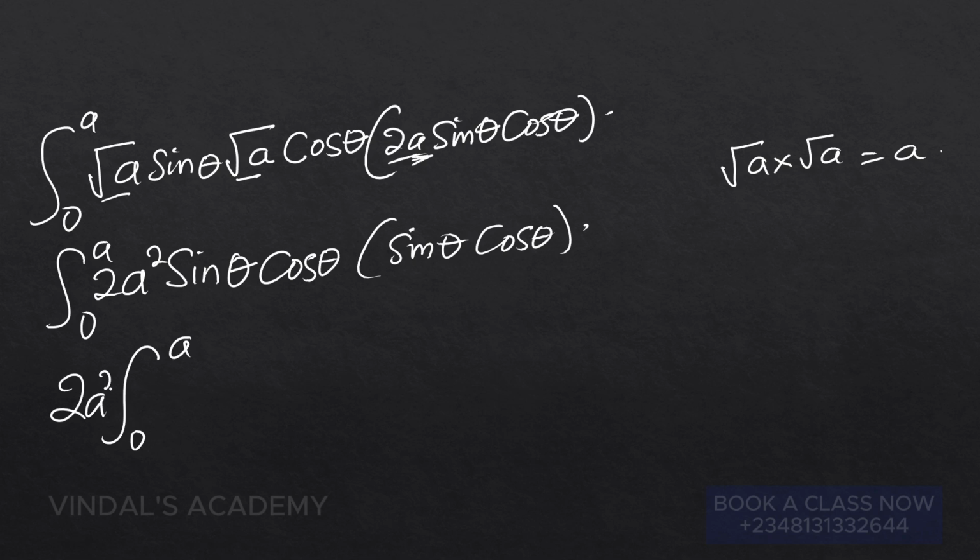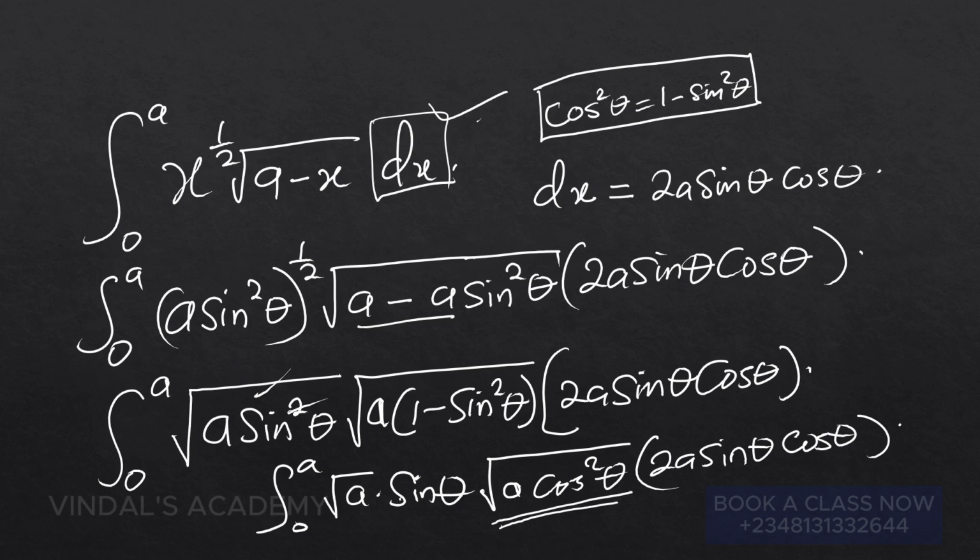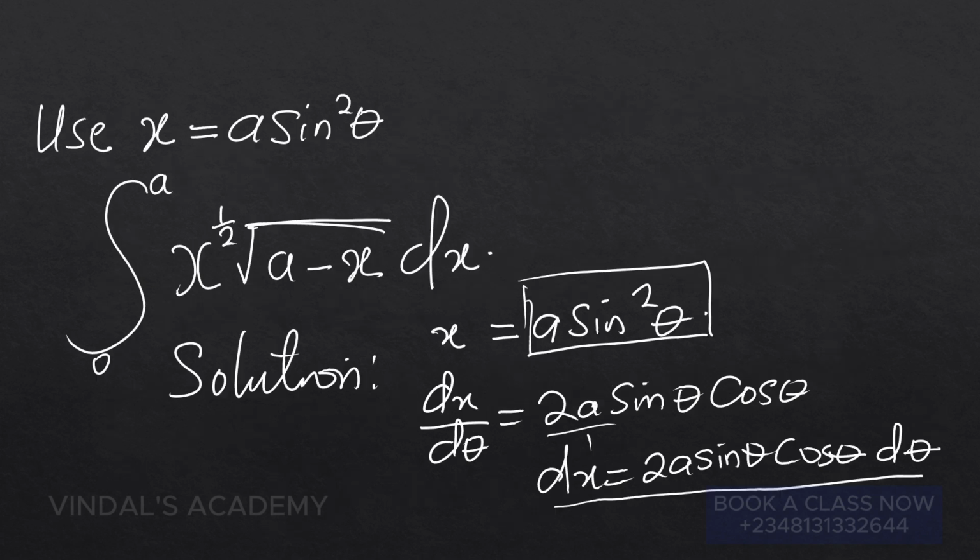Now the same thing, you keep on going. So let me push 2a square outside because they are constant. I have sine square theta cos square theta. I'm supposed to be carrying the d theta. Everything is going to work with the theta.